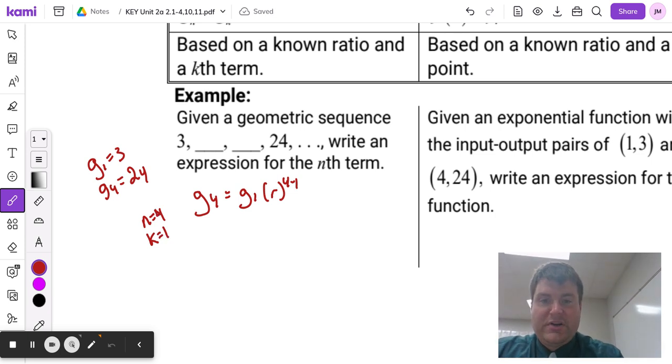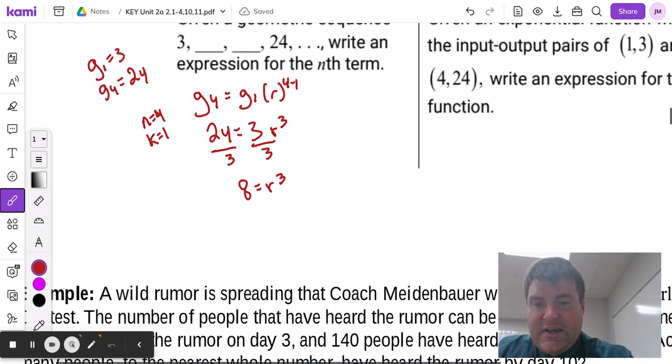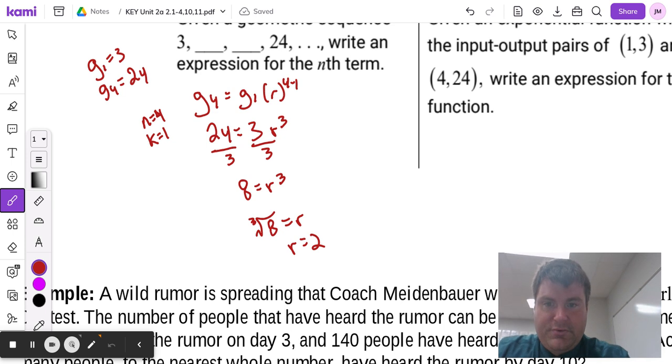Okay, well, what do I know? G of 4 again is 24 equals 3 times r cubed. Divide both sides by 3. 8 equals r cubed. Cube root both sides. Cube root of 8 equals r. So r is equal to 2.